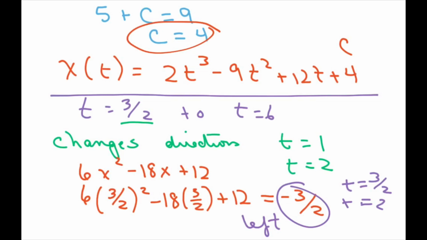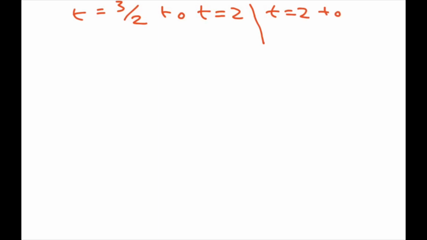And because we know that the particle changes directions at t equals 2, it must be moving to the right after that. Therefore, we're going to need two integrals: one for t equals 3/2 to t equals 2, and also one for t equals 2 to t equals 6.